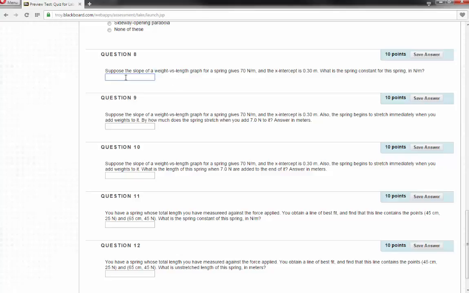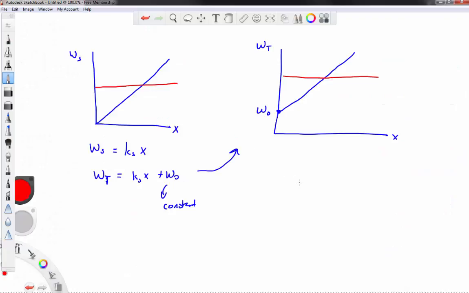So that does not have any effect on the difference in x's, because if you add the same x naught to both points for your slope, in other words, if you have chosen to do total length versus stretch, then this thing right here would actually start off over here somewhere. So you'd end up with a graph that's like this.